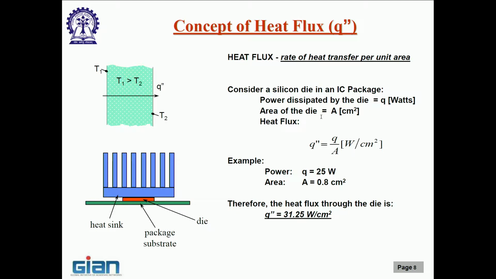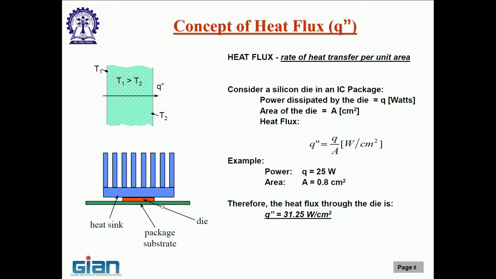The next concept I am going to talk about is the concept of heat flux. Heat flux is the rate of heat transfer per unit area. Many times this parameter is of higher importance than the heat flow itself. From an electronic packaging point of view, say I have a die sitting on a substrate or a package, and that is dissipating 10 watts, can you cool it?